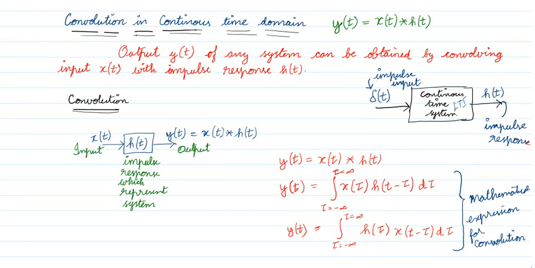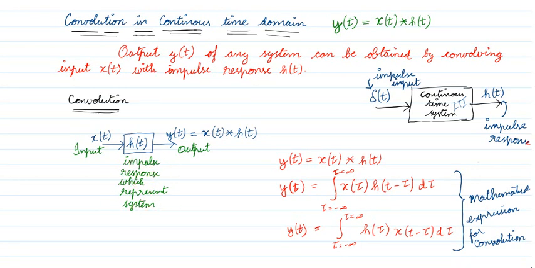H of t is nothing but the impulse response. Once you know the impulse response, then for any input x of t, I can obtain y of t just by convolving the input with the impulse response. That's what I mentioned: the impulse response represents the system.